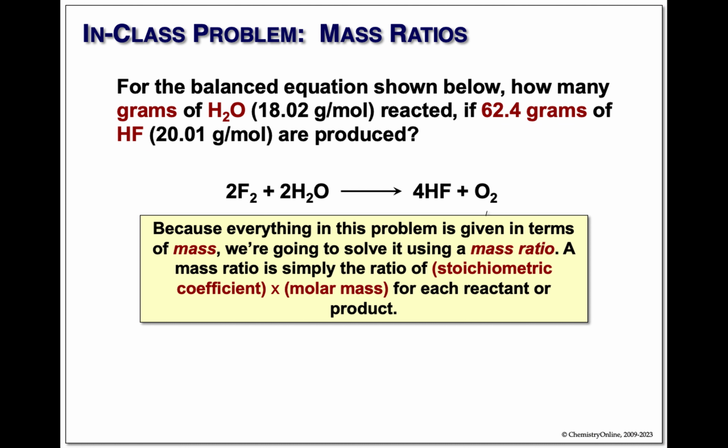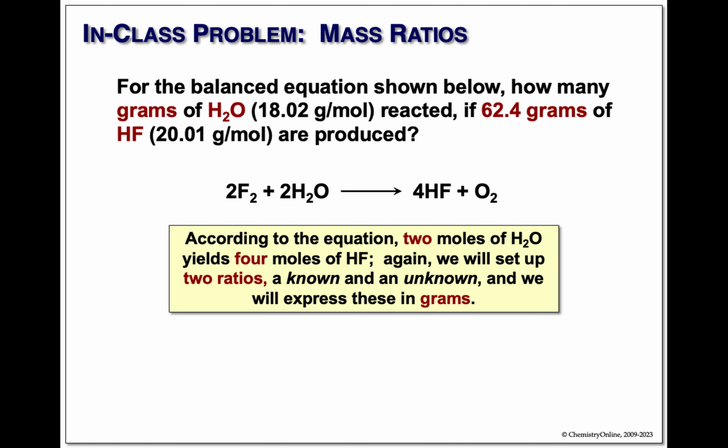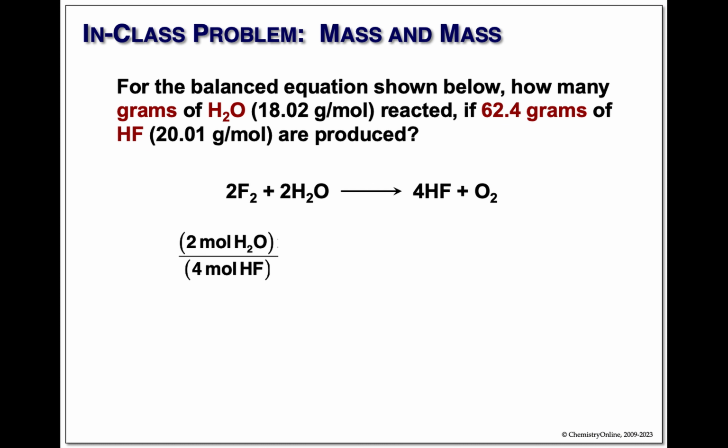But it's not 1 to 1, is it? So instead of just writing down the simple mass ratio, like we did in the previous problem, we have to write down one corrected for the stoichiometry. 2 moles of water, 4 moles of HF.